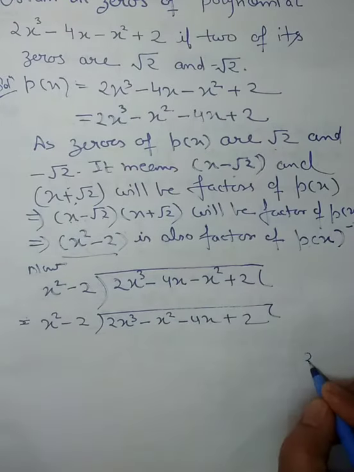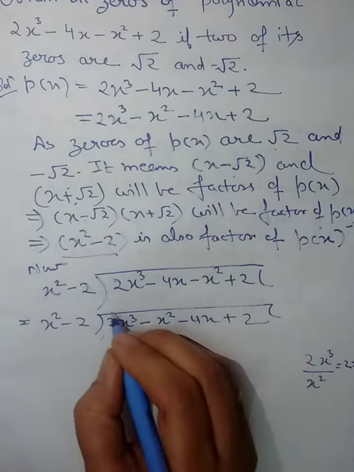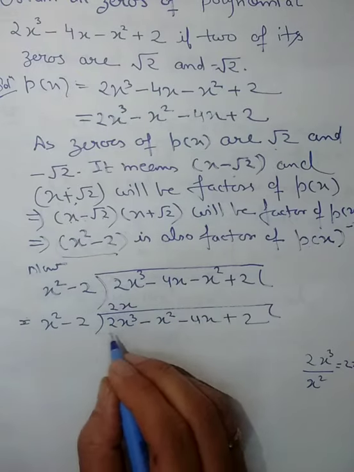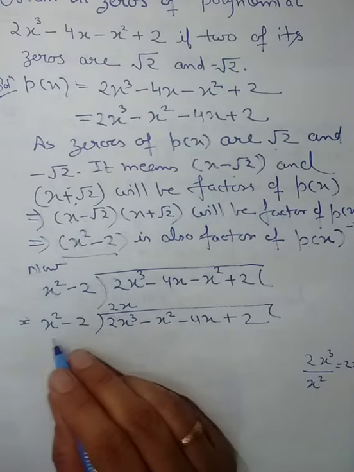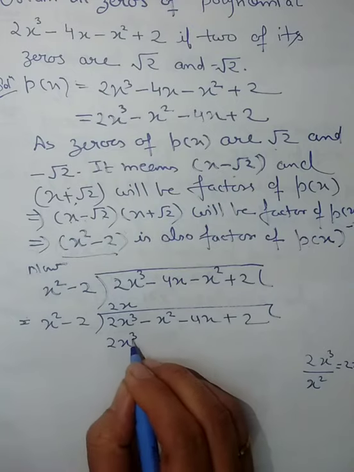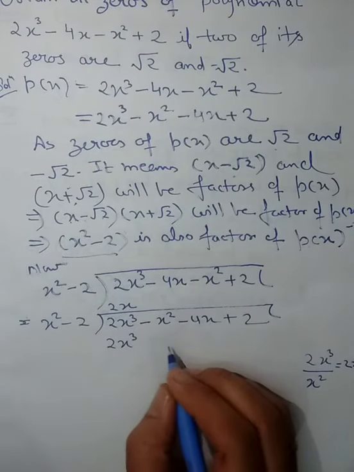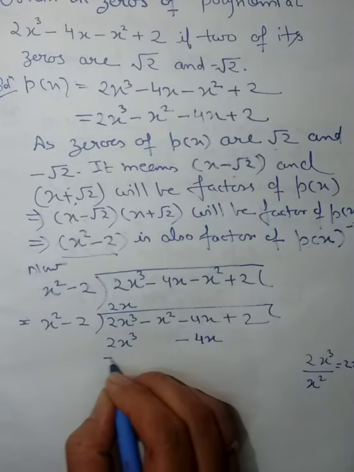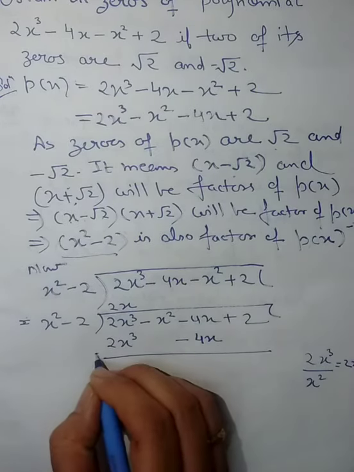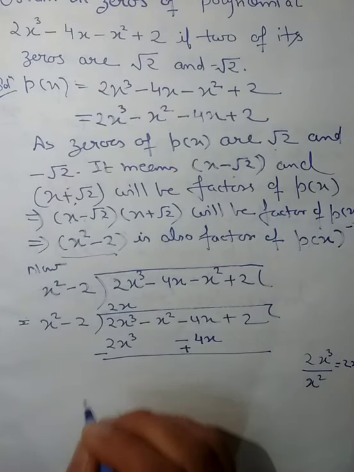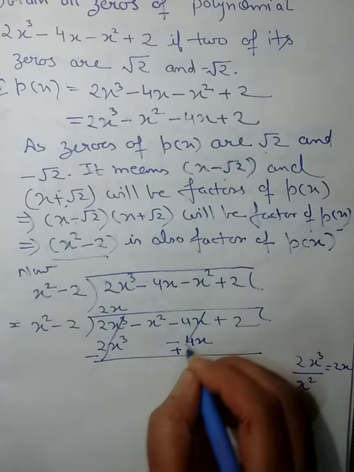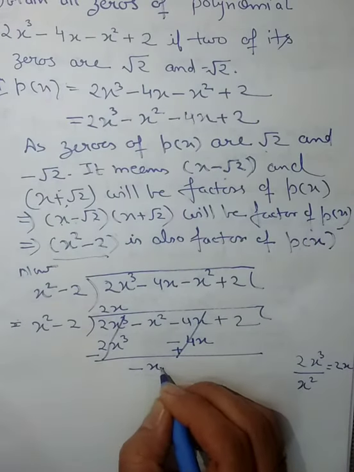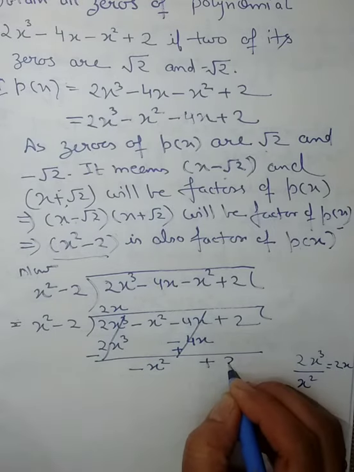So 2x cube divided by x square, we will get 2x. 2x multiplied by x square is 2x cube, 2x multiplied by 2 is minus 4x. As we know, we write the like terms below each other. Now subtracting, sign will change. This will be cancelled. Minus x square plus 2.